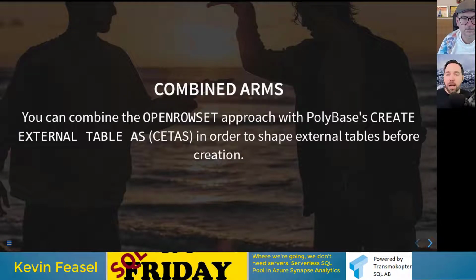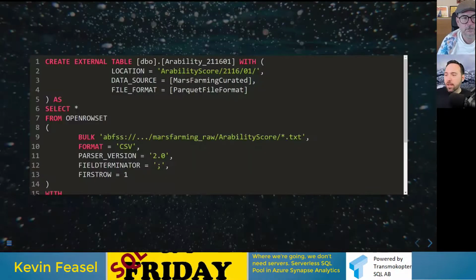You can also combine OPENROWSET with PolyBase's create external table as select syntax. So that's CETAS. In the Synapse world, there's CTAS, create table as select, something I'd love to have on premises. And then there's create external table as select. So I can do some really cool things with OPENROWSET and create external tables.